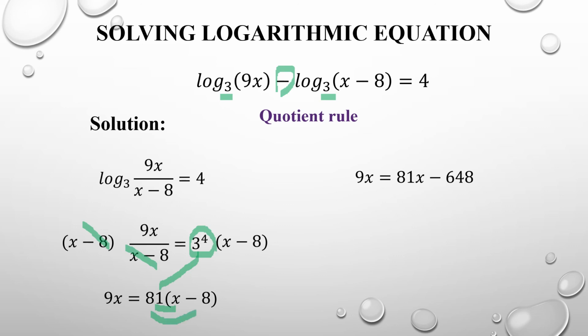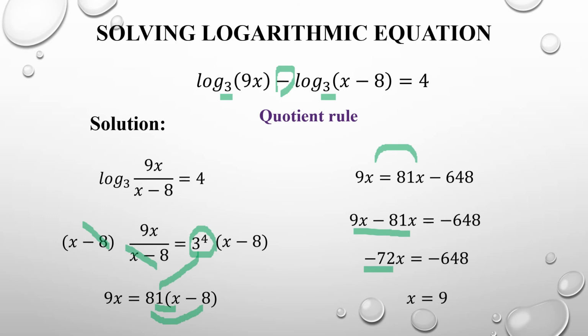And 81 times negative 8 is equal to negative 648. Pagsamahin natin yung magkakaparehang term, we have 9x minus 81x is equal to negative 648. Simplify this part. We have negative 72x is equal to negative 648. Dividing both sides by negative 72, we have x is equal to 9.